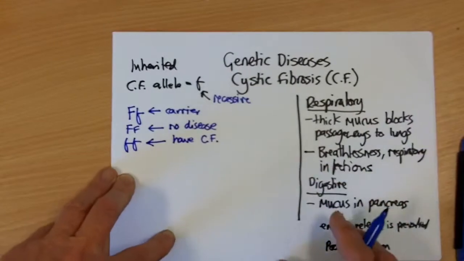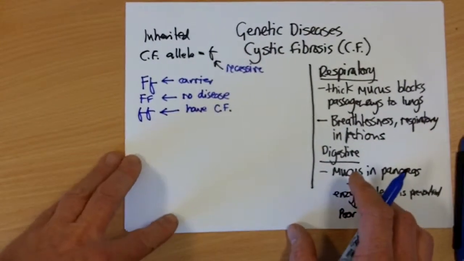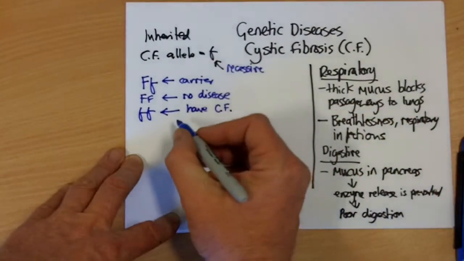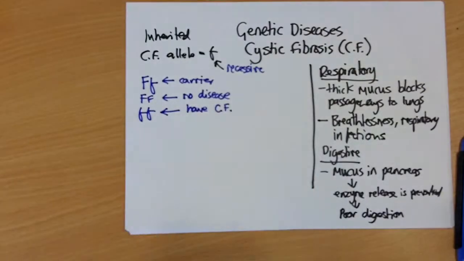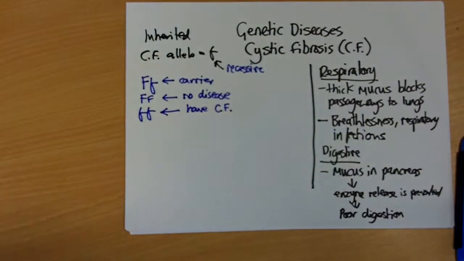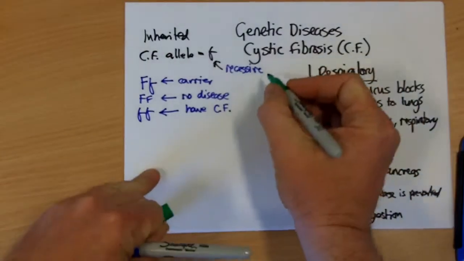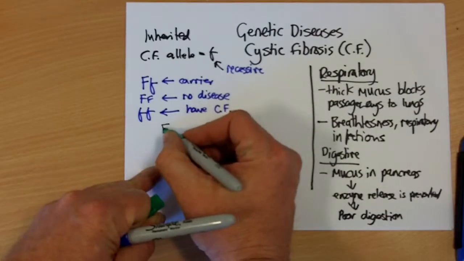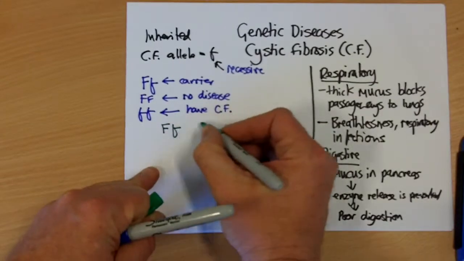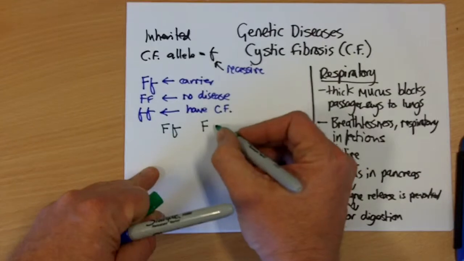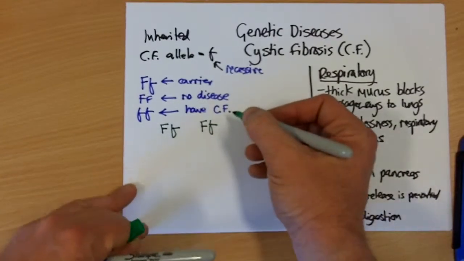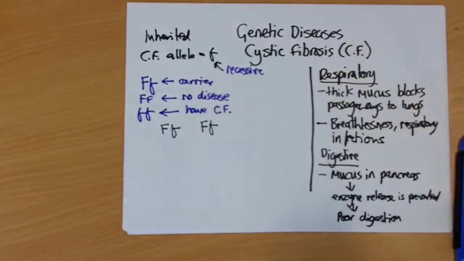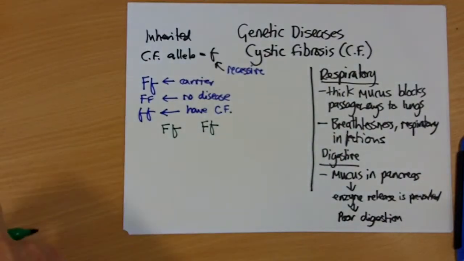So let's have a look at a case study of an example of parents who have a mixture of alleles. So let's imagine we have one parent who has the alleles large f, small f, and the other parent also has large f, small f. So both parents are carriers, but neither parent has cystic fibrosis.